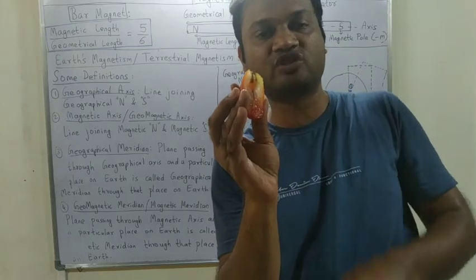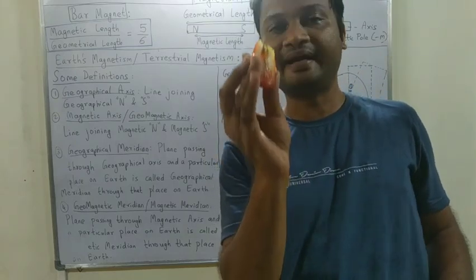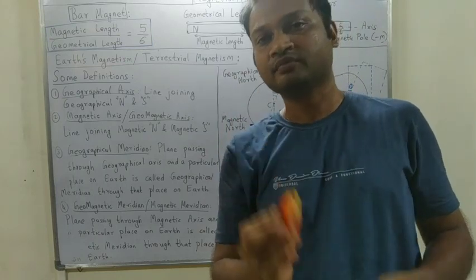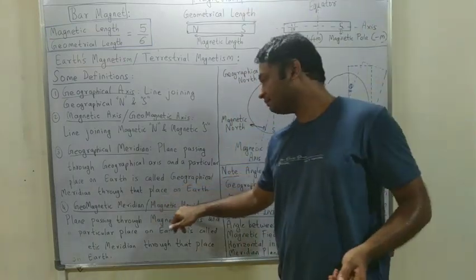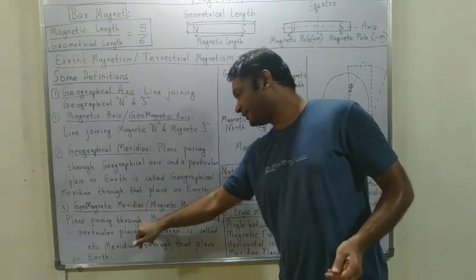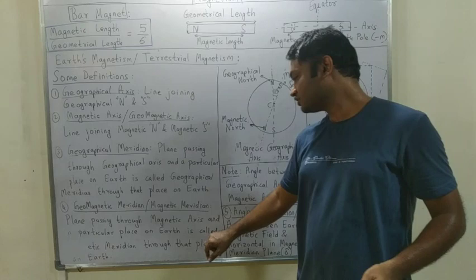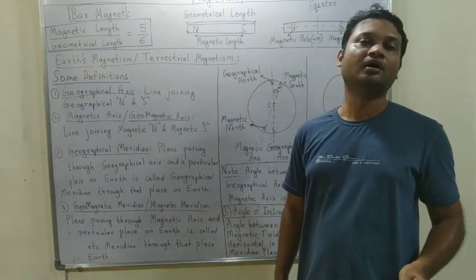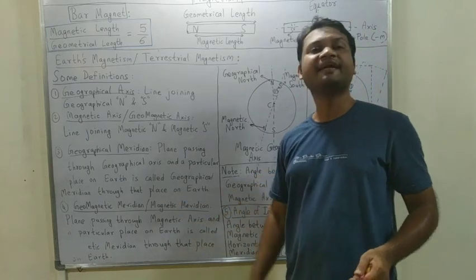The plane formed is called the magnetic meridian of earth through that point. So magnetic meridian means the plane passing through the magnetic axis and a particular place on earth. This is the definition.